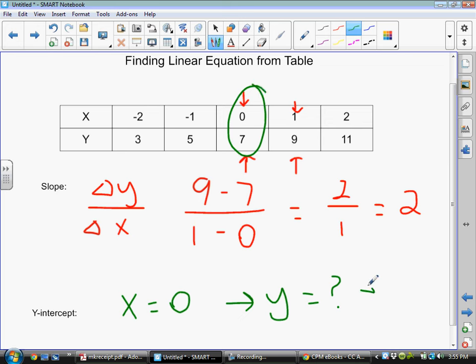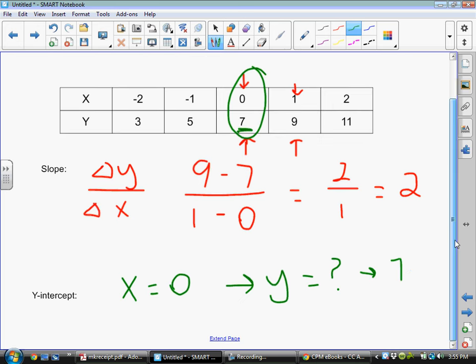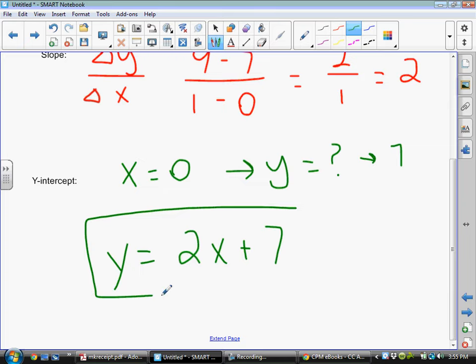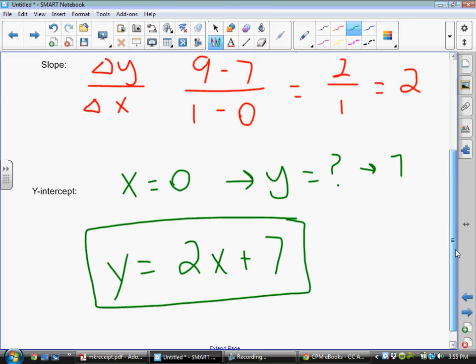In this case, it's 7. Okay? When my x is 0, the y value is the y-intercept. So my equation for this table would be y equals my slope, 2, times x plus my y-intercept, or starting value, 7.